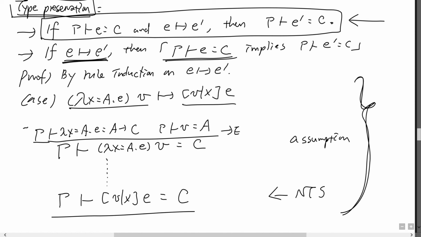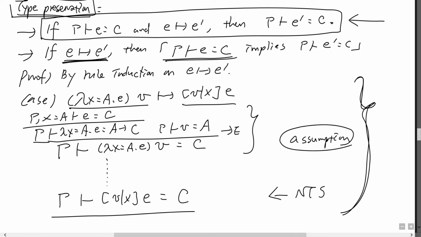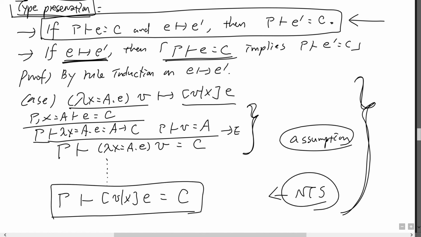Moreover, if you think about the first premise, there is only one way to prove this judgment as well. So by expanding the assumption, you have this partial derivation tree. And the goal now is, by exploiting anything you have inside this partial derivation tree, to show this judgment. So the problem is reduced to the proof of this step.